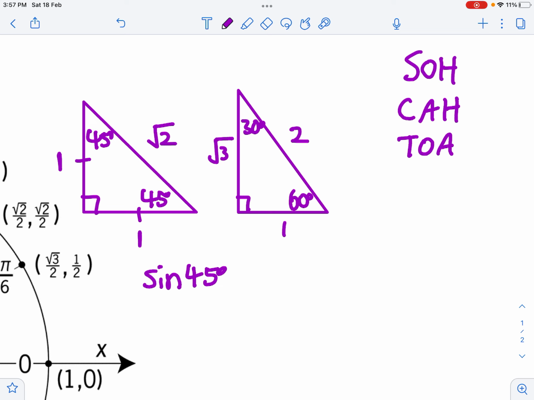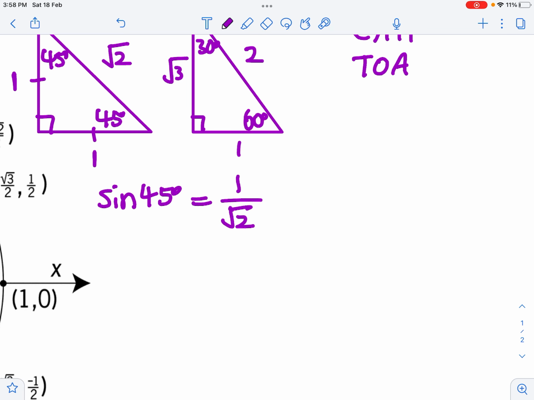While I'm asking for sine, that means it is SOH, which is opposite over hypotenuse. Now, I can choose either 45 degrees since they're both the same. So, opposite of 45 degrees is 1 over the hypotenuse, which is square root 2.